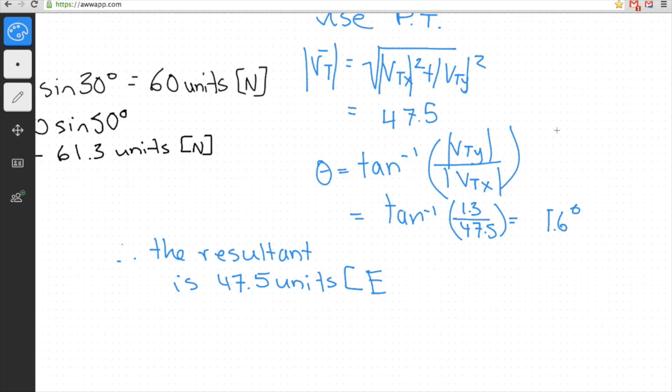By putting the y on top, it's basically saying opposite over adjacent, right? Because that's what tan is. So this is VTY, this is VTX, so therefore I'm looking for that angle. So by doing it this way, that means I'm always finding the direction of my resultant with respect to the east-west line. So that would be 1.6 degrees south.